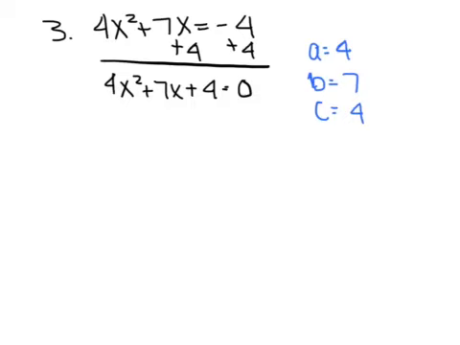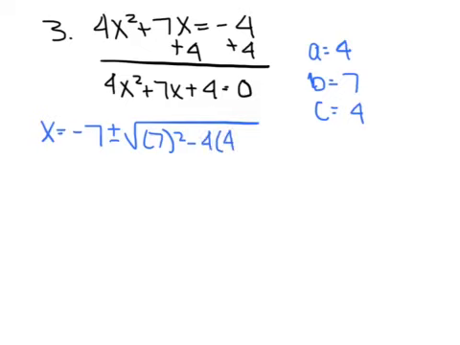Could somebody fill in the numbers for me? x equals, Paul? x equals negative 7 plus or minus the square root of 7 squared minus 4 times 4 times 4. Yep. Over 2 times 4. Good.